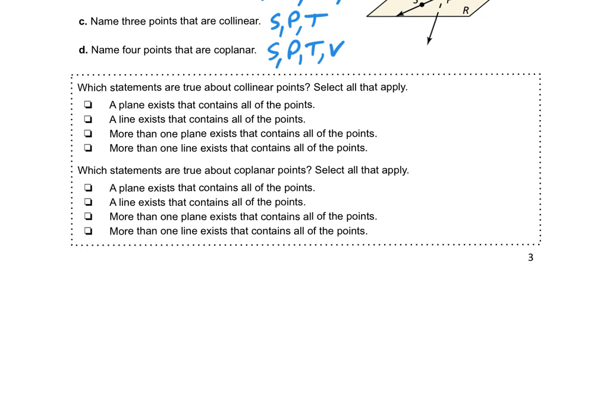So when we talk about collinear points, and it doesn't even say how many. Let's start with 2. Because we know we need 2 points to make a line, right? So first question is, a plane contains all of those points.